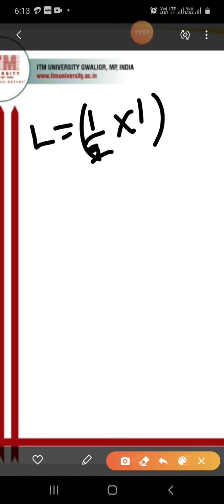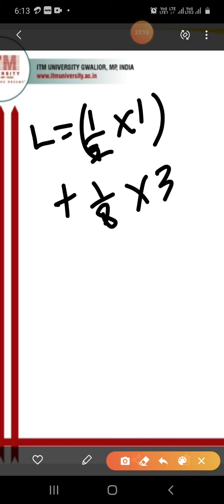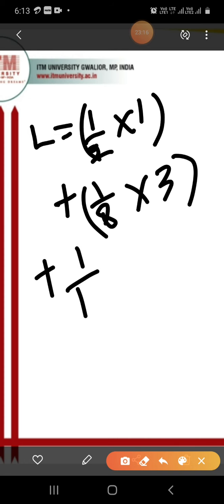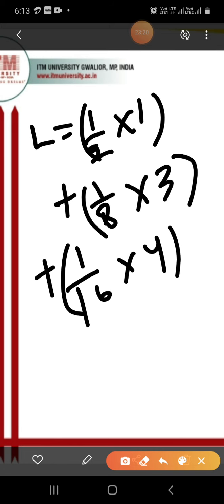So L is equal to 1 by 2 into 1, plus 1 by 8 into 3, plus 1 by 16 into 4.